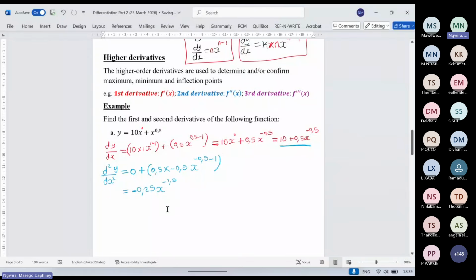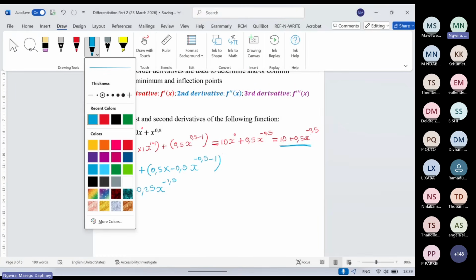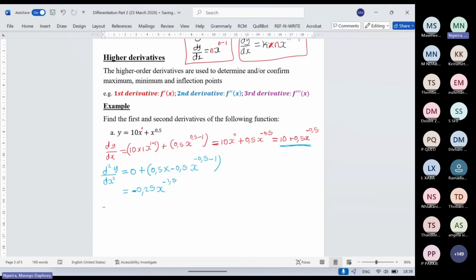Then now I'm moving on to the third derivative. So third derivative means going to be d to the power of 3 over dx to the power of 3. I'm still deriving y, but I'm going to take this answer now. I'm deriving what I got here.